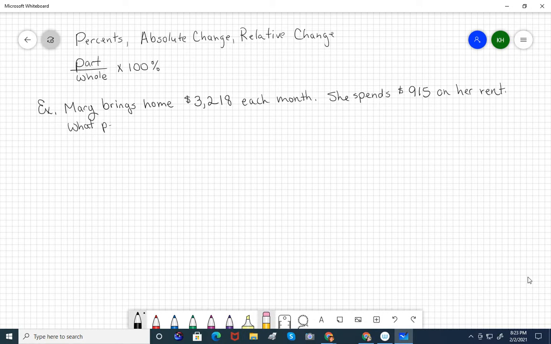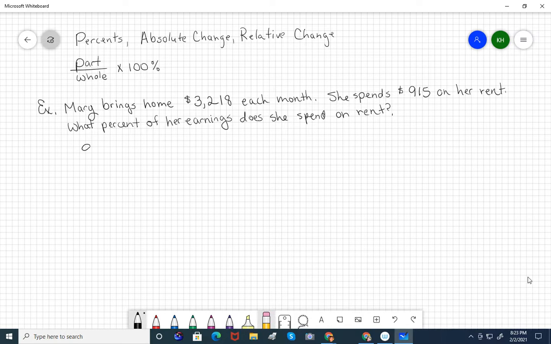What percent of her take-home, of her earnings, does she spend on rent? All right. In this case, the $915 is part of her monthly income.